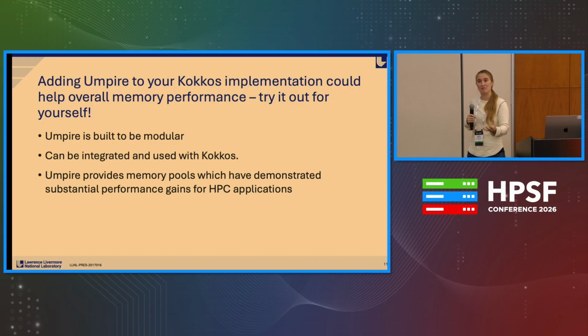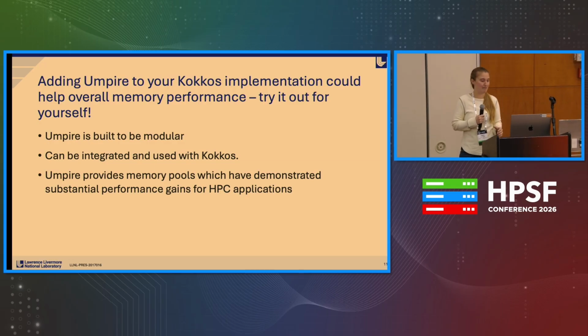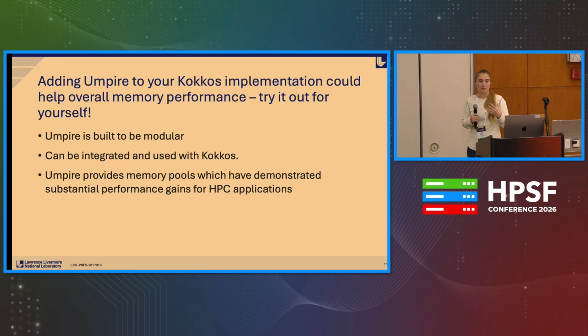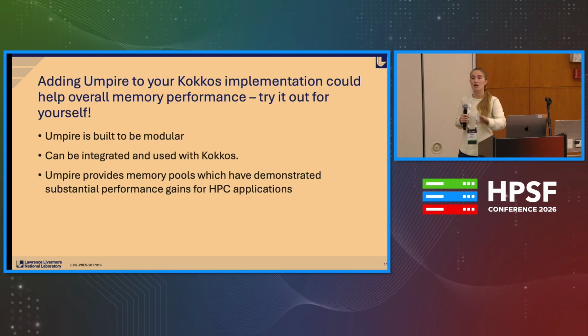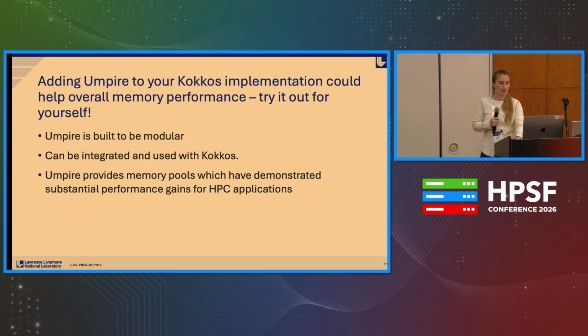You can use Umpire with Kokkos, or you could just use Umpire by itself if you have your own abstraction layer. The memory pools have really demonstrated good performance gains on the HPC applications that we've seen, and we have users both at Livermore, in the labs, and beyond, external users.